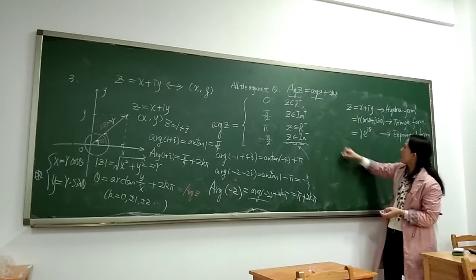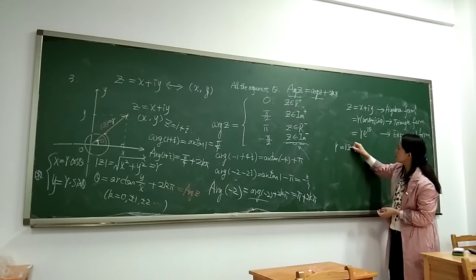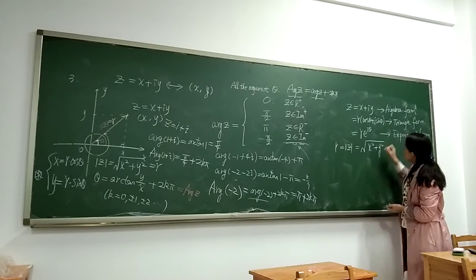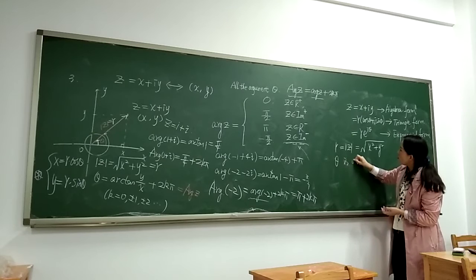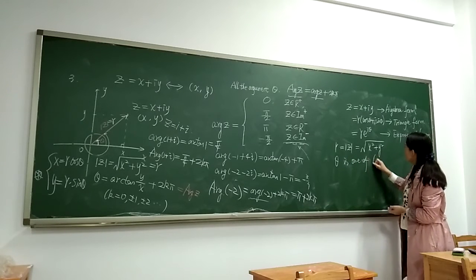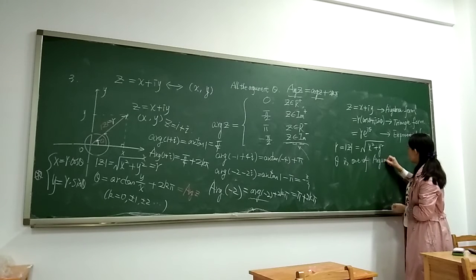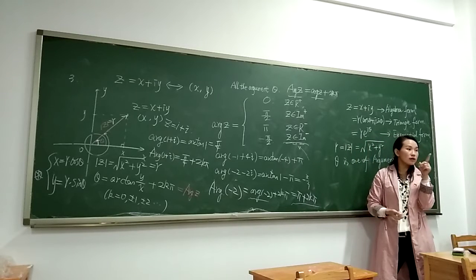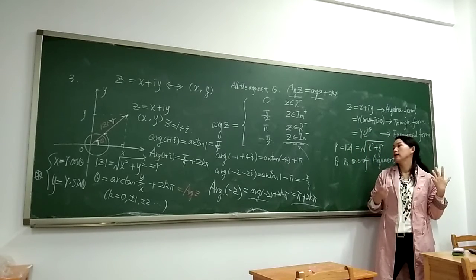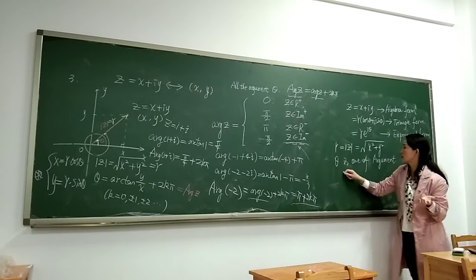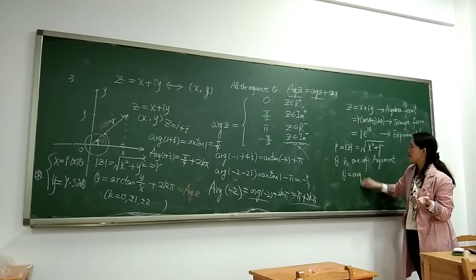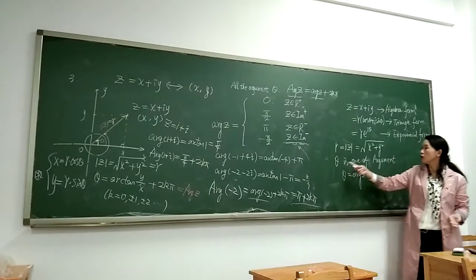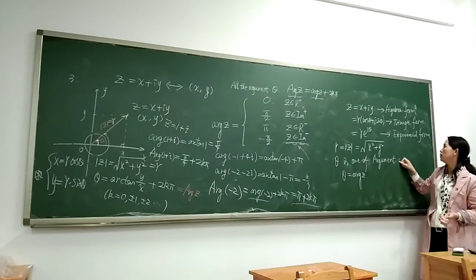And you know r is the modulus of z. You can write square root of x squared plus y squared. Theta is one of the arguments. So if you obtain all of them, you only need to choose one. We often choose this one, but you can also choose another one. So theta is only one of the arguments of z.